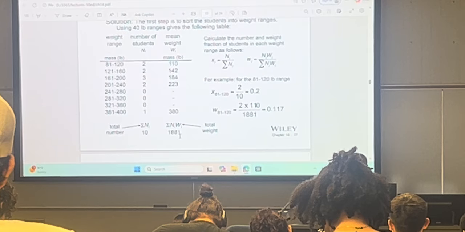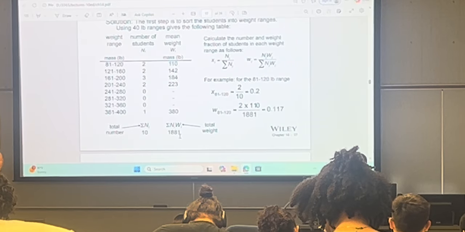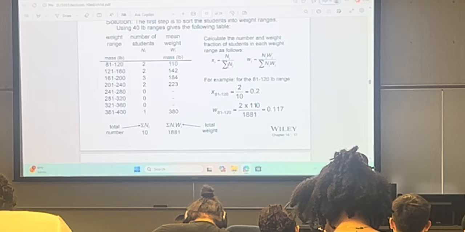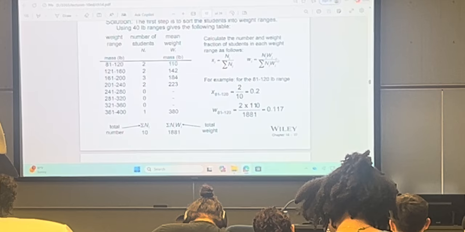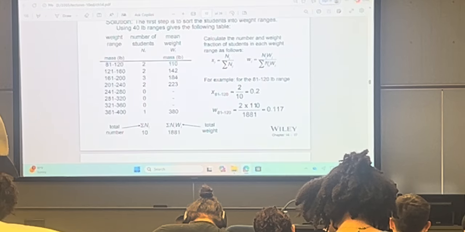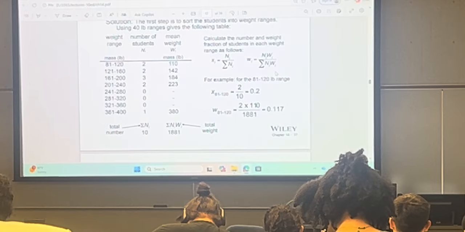And then we need to calculate the number and the weight fraction of the students in each range. We calculate the x sub i as n sub i over the sum of all the n sub i's, and the w sub i as n sub i times w sub i, the weight, divided by the sum of n sub i times w sub i. Right.